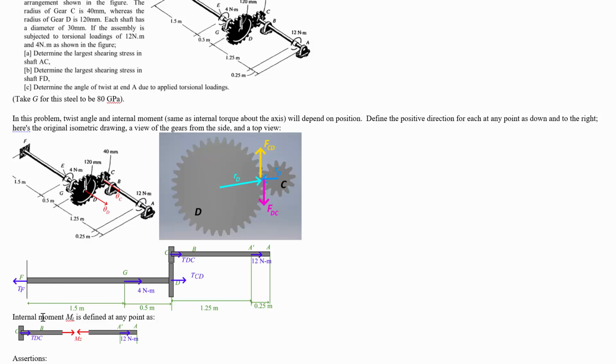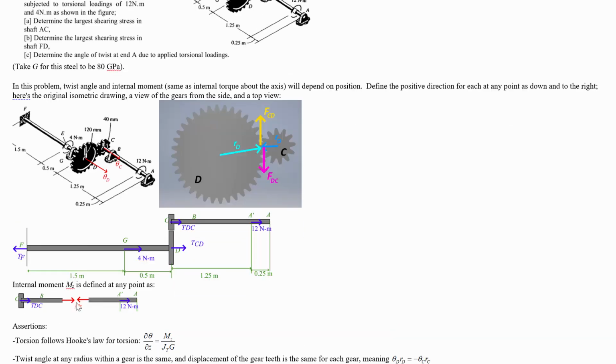So the internal moment at each point, with this sign convention, we could say that the twisting moment is the one that's aligned the same direction as we would draw a normal force. And now with this setup, we can start to form relationships between the angles and the internal moments and also the torques at this junction.